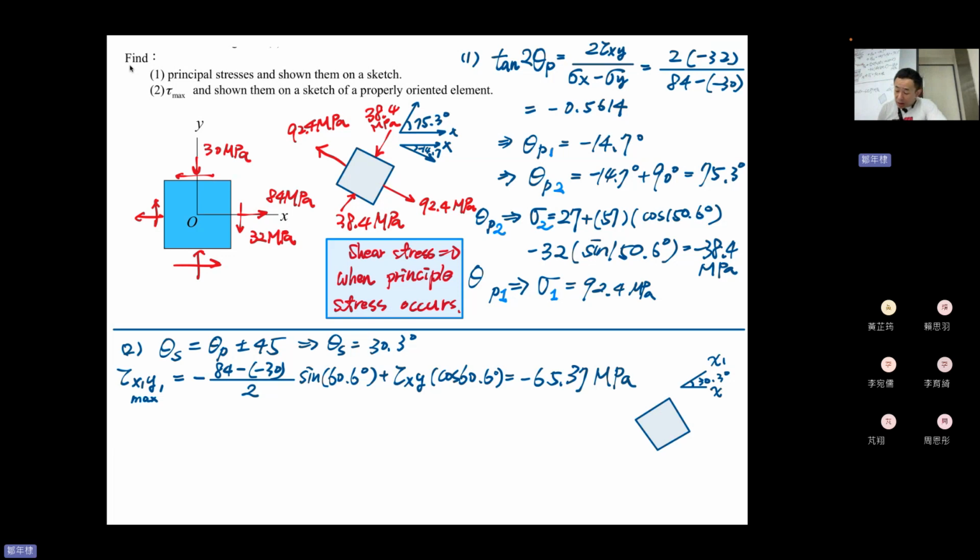You see on the 30.3 degree plane we will have minus 65.33 MPa. So it's downward, right? On the x1 plane, in the negative y1 direction. So you will have 65.33 MPa. Again, we don't add the minus sign when you draw the stress element, because you specify the direction by the arrow.